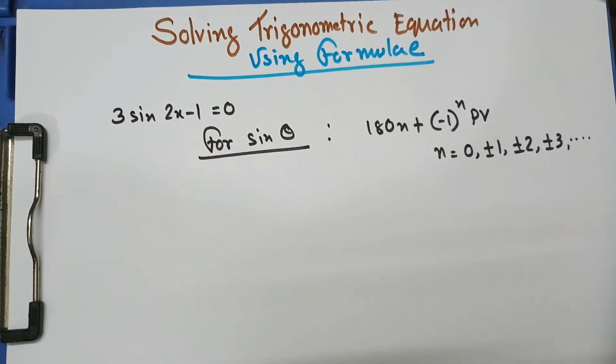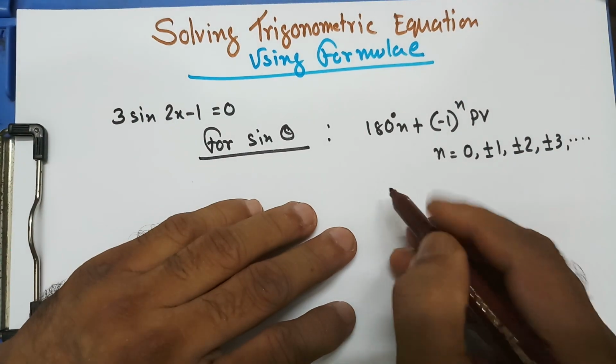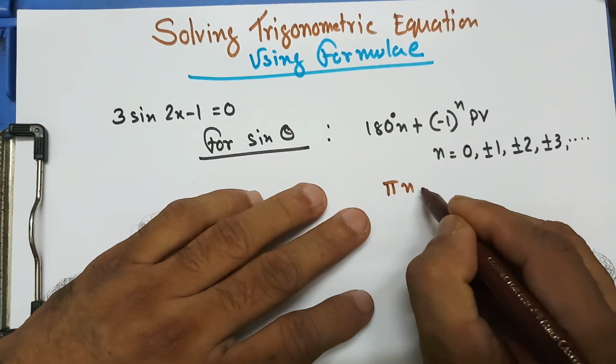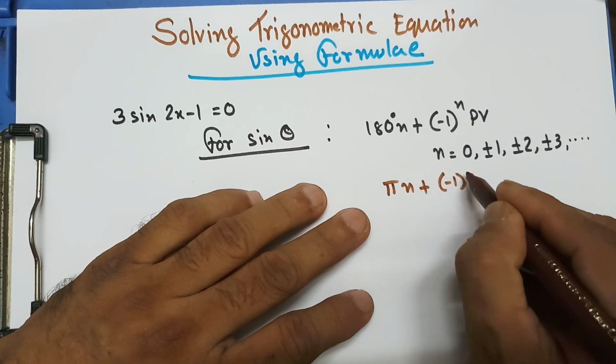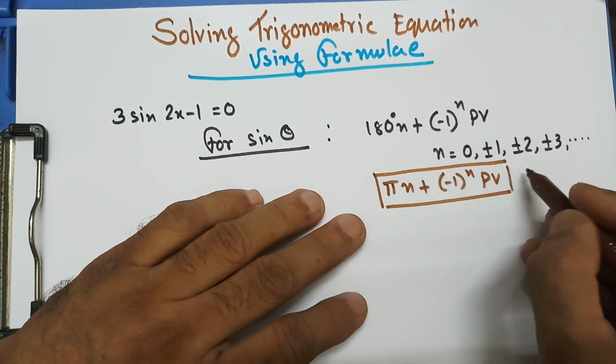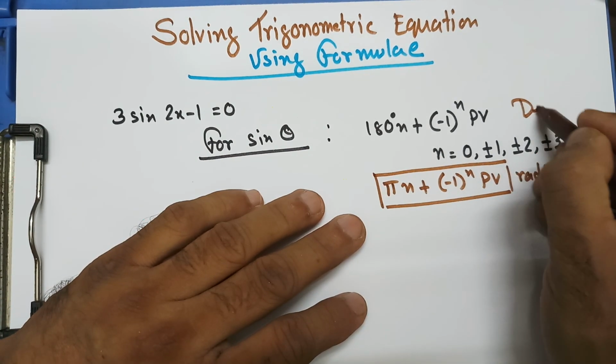This is for degree. If you are using radian, then it's going to be pi n plus minus 1 to the power n PV. That's in radian measure, and this is in degree measure.